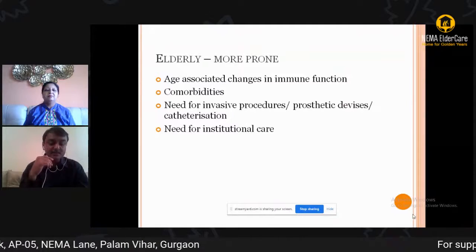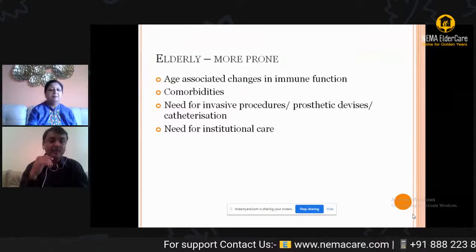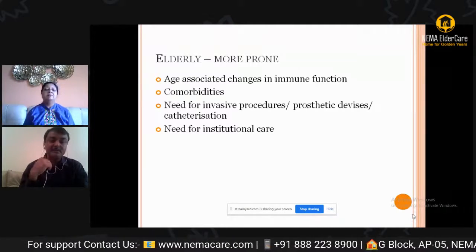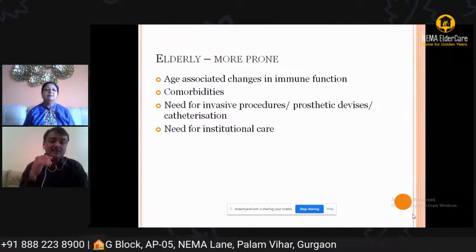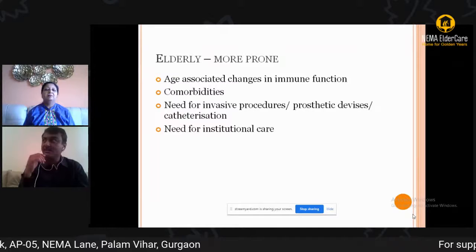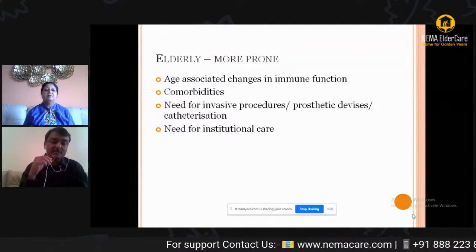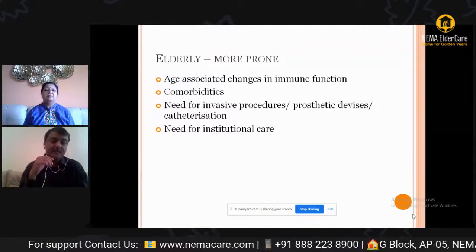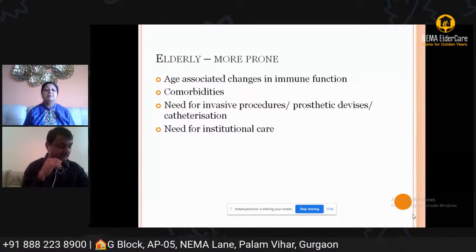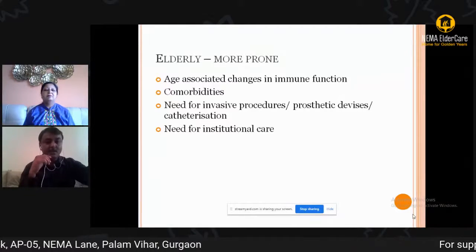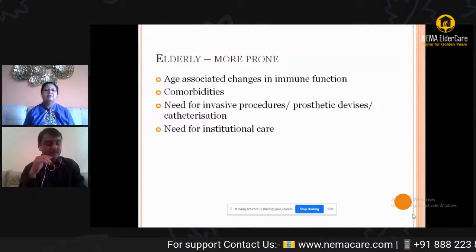Why the elderly population? We are targeting the elderly population because this population is more prone to develop urinary tract infections. The important causes may be age related changes in the immune function. There is a reduction in the innate immunity. There may be comorbidities in this group of population, especially diabetes, etc. There is an increased need for invasive procedures, prosthetic devices, or the need for short term or long term catheterization in this population.